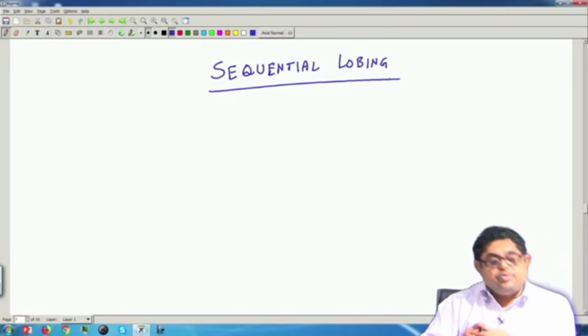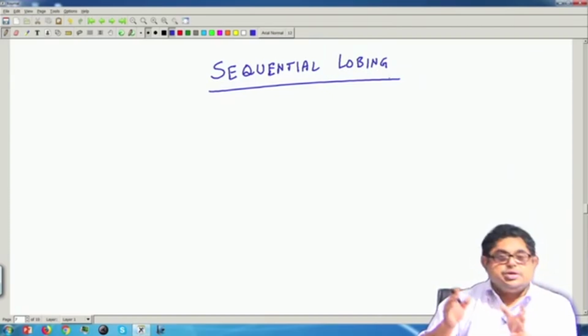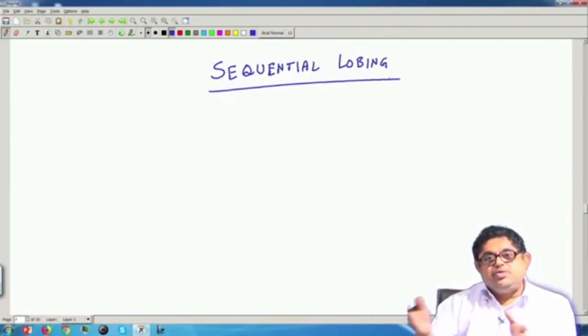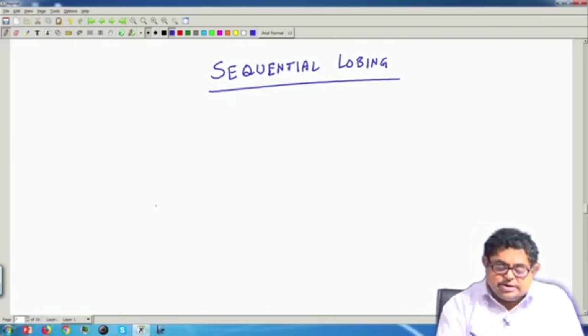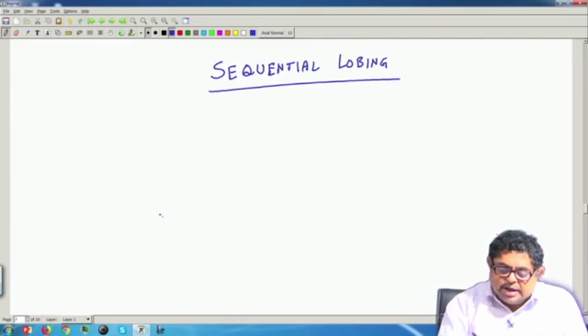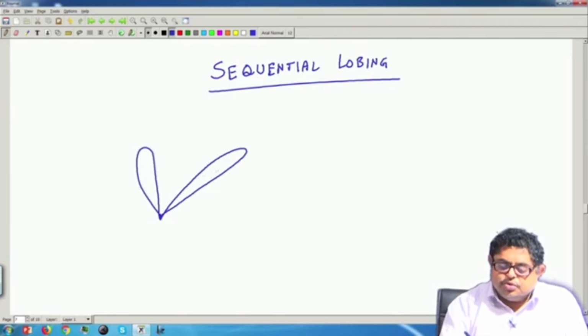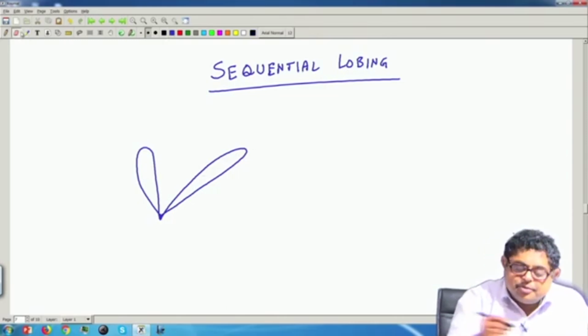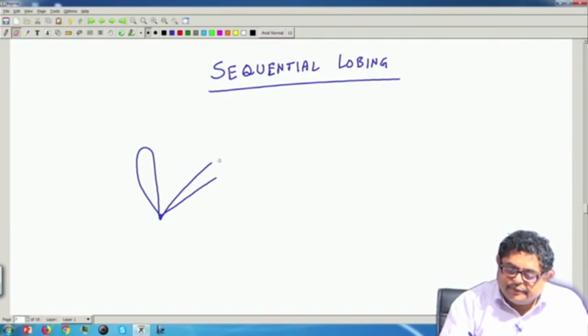Now, the difference between the equi-amplitudes of the beams is given to a receiver, and the receiver compares. Let us say this is the azimuth direction. These two are the two squint beams, similar in magnitude.